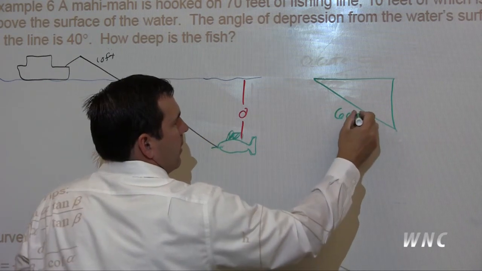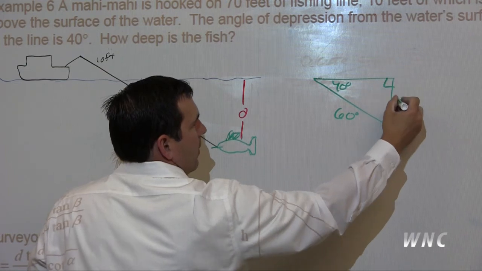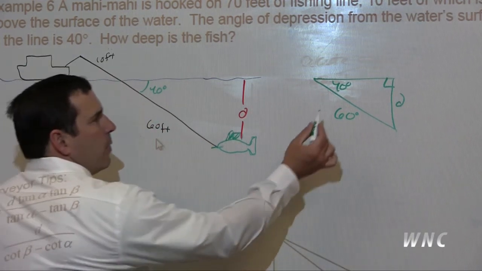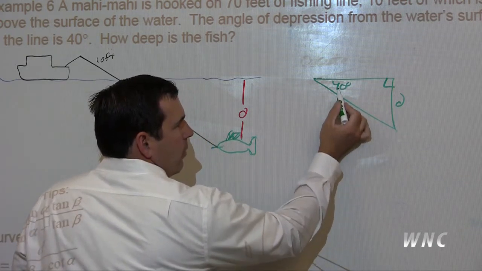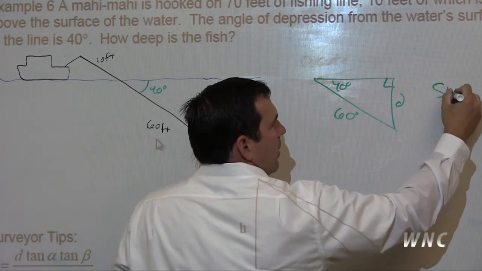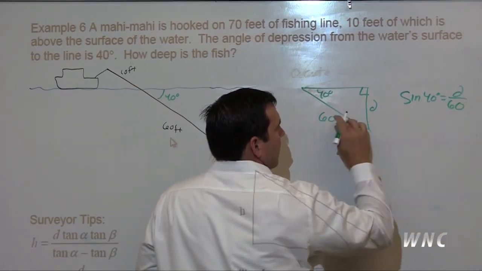This side is 60 feet. This is 40 degrees. We want the opposite side, that depth. Which function deals with the angle, the opposite side, and the hypotenuse? It would be sine. Sine of 40 degrees equals d over 60. Not degrees, this is feet.